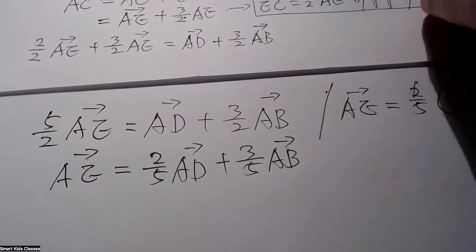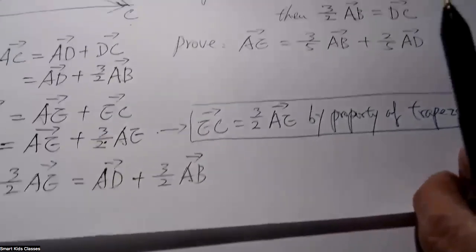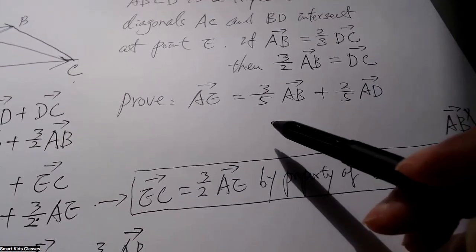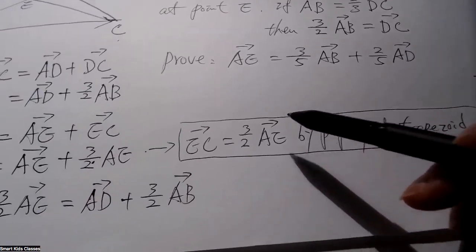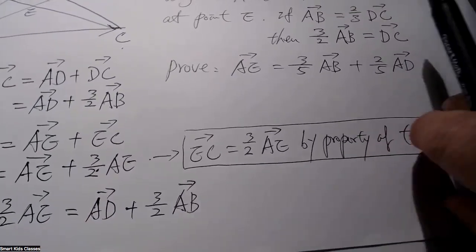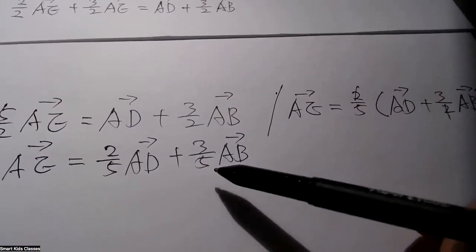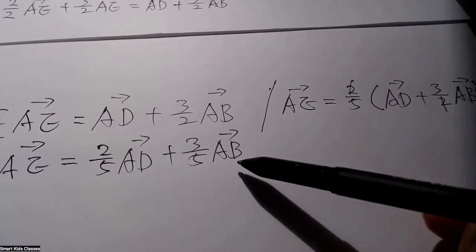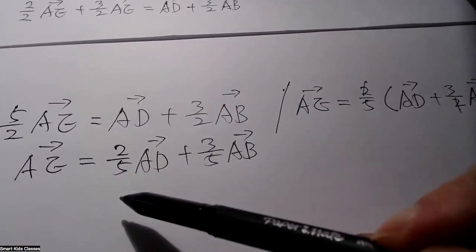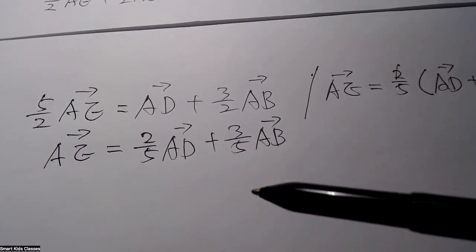Now this is what the question is asking us to prove: 3/5 of AB plus 2/5 of AD. So that's how we prove it.